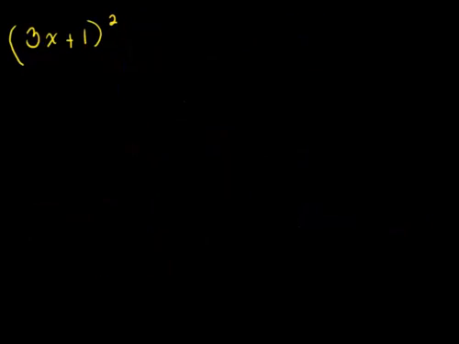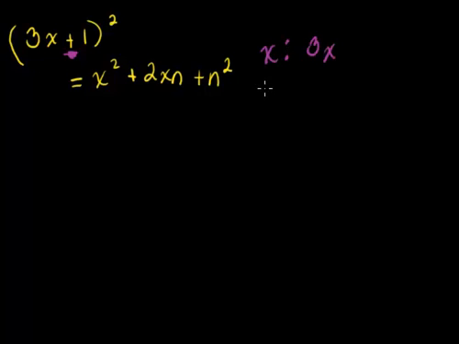Now for the very last one, we also have an example of squaring a binomial. However, this time it's a little bit different in the sense that it's x squared plus 2xn plus n squared. That is because this term is being added here, not subtracted. So if we use the same rule here, our x term is 3x and our n term is 1.